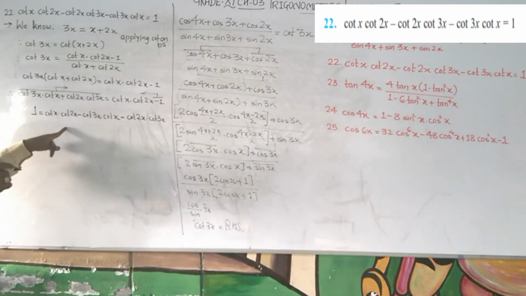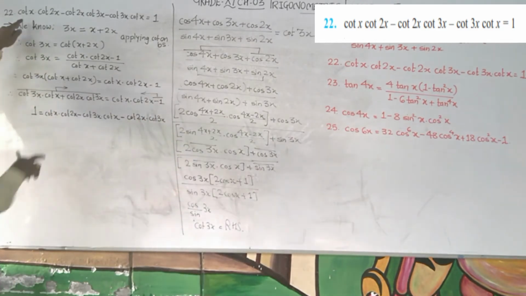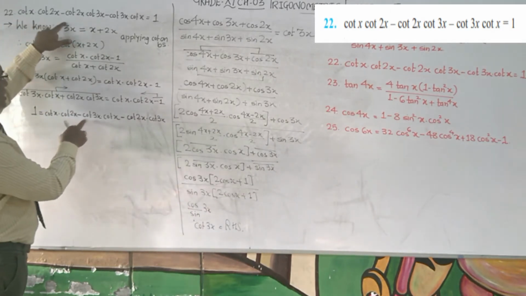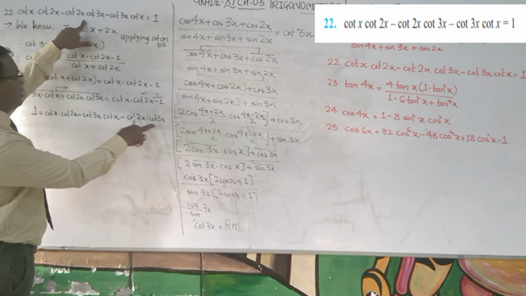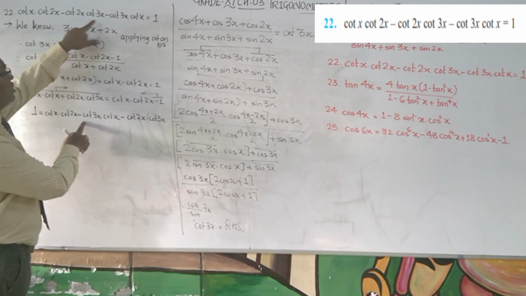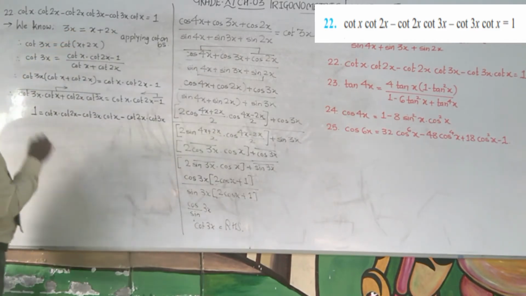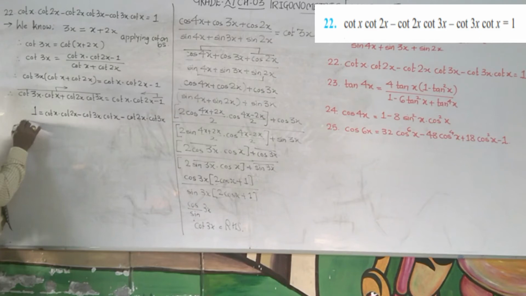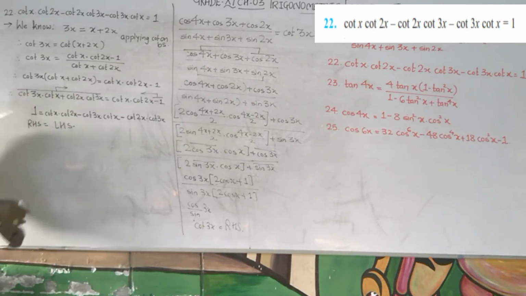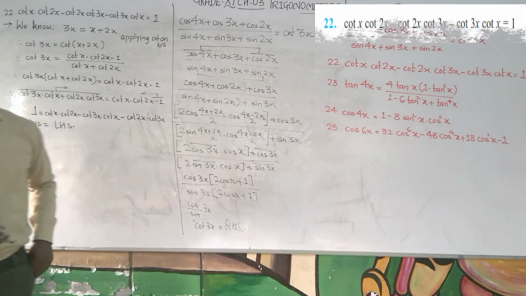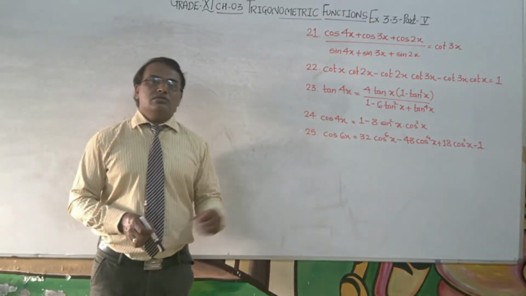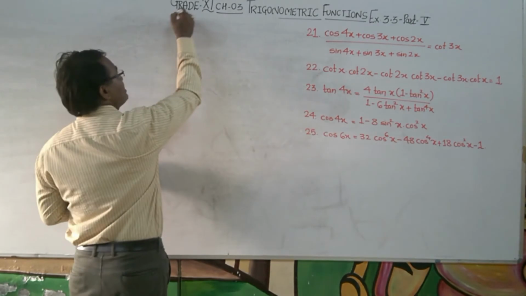And this is your required thing, because cot x cot 2x minus cot 2x cot 3x, then minus cot 3x into cot x, is equal to 1. So here your RHS is equal to your LHS. So let's go on to the next sum, sum number 23.